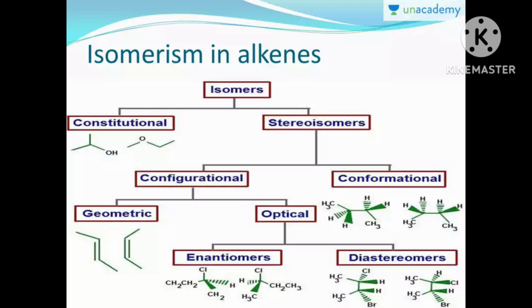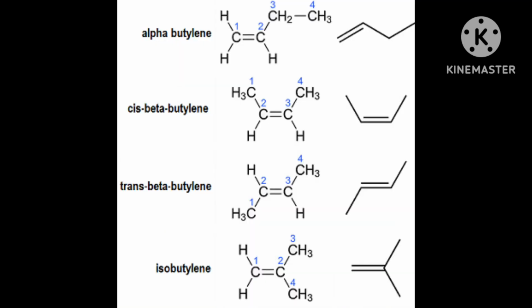Then 4-ethyl you will write, and after that 2 and 6: carbon number 2 and carbon number 6 have a methyl group. Two methyl groups are attached, one at carbon number 2, the other at carbon number 6. Then 2,6-dimethyl you will write. That's our nomenclature over.